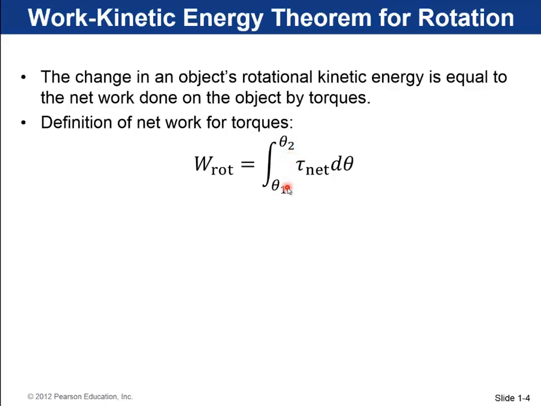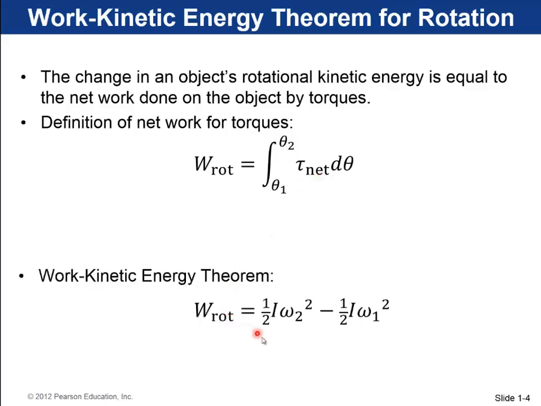So it rotates by this delta theta, which is theta 2 minus theta 1, with a torque applied the whole time. It's going to change its rotational kinetic energy. So this is delta K rotational, which is 1/2 I omega 2 squared, the final rotational kinetic energy, minus the initial rotational kinetic energy.